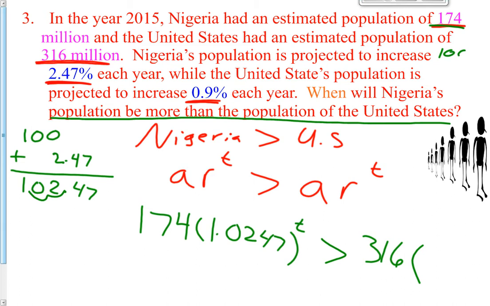So what's 100% plus 0.9%? 100.9%. As a decimal, it's 1.009, once again raised to the time t.